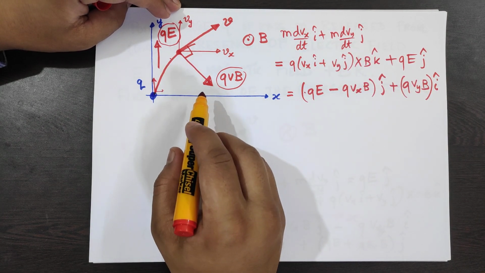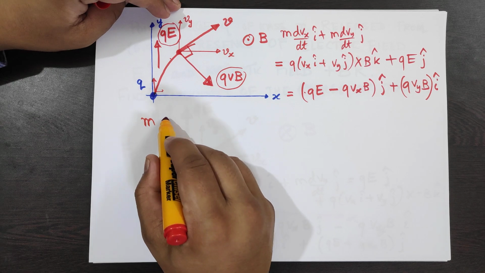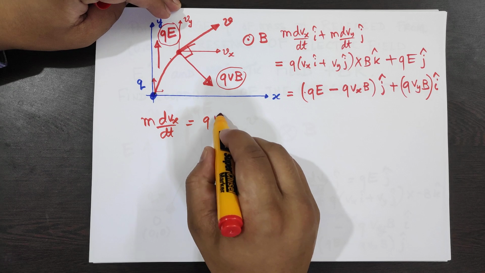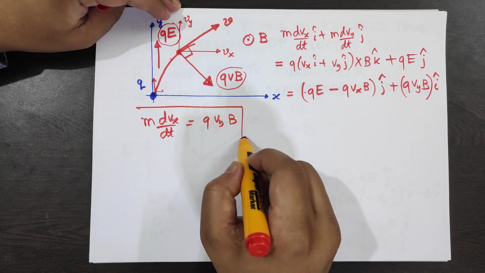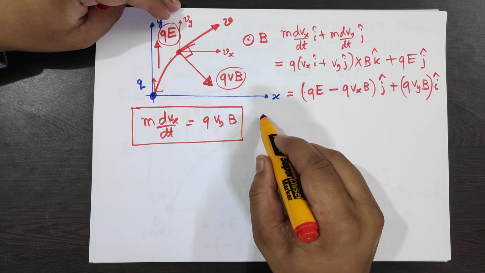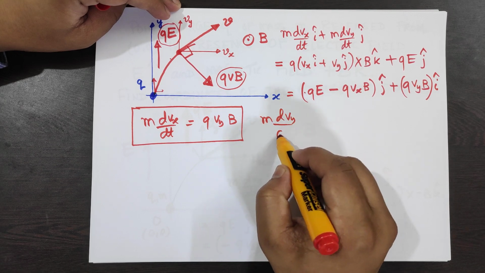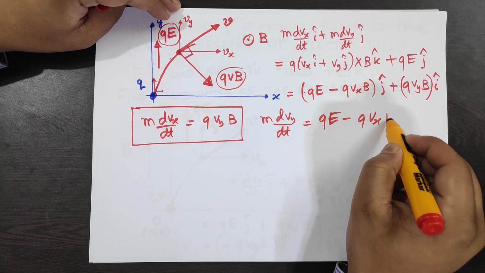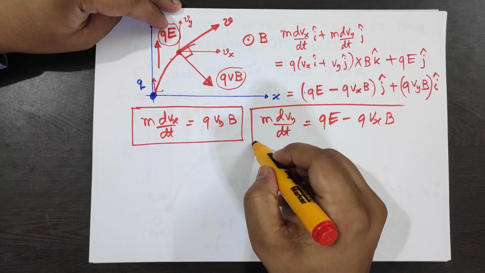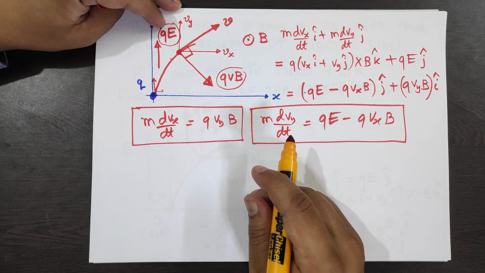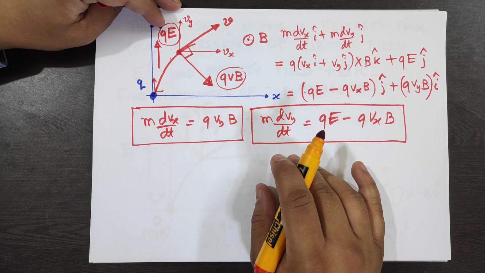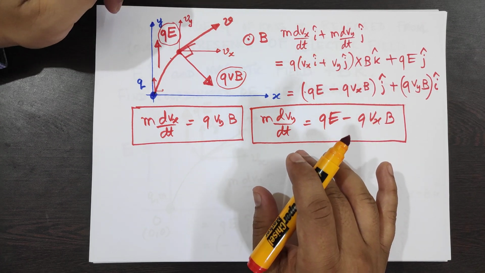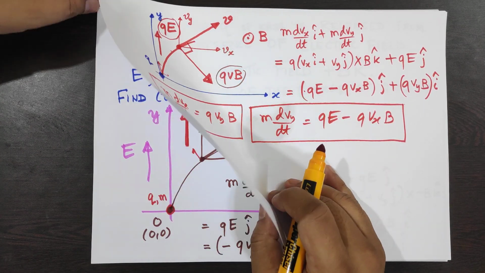Therefore, separately we can write for the x-axis, m dVx/dt is equal to qVyB. This is for the x-axis, and for the y-axis we can write m dVy/dt is equal to qE minus qVx times B. Okay. Now out of these two equations we have to find a way to somehow find the coordinates of the particle.